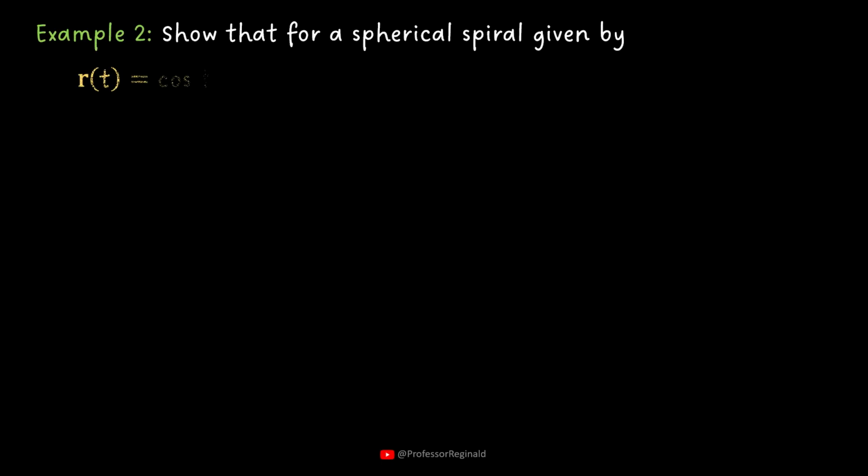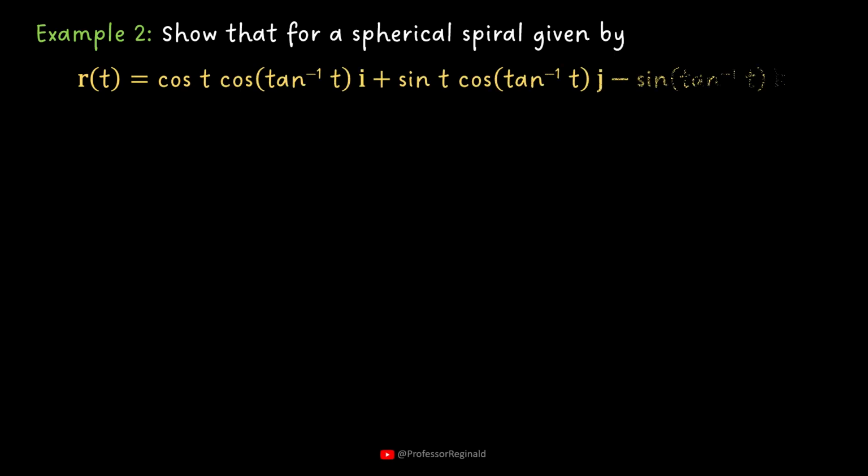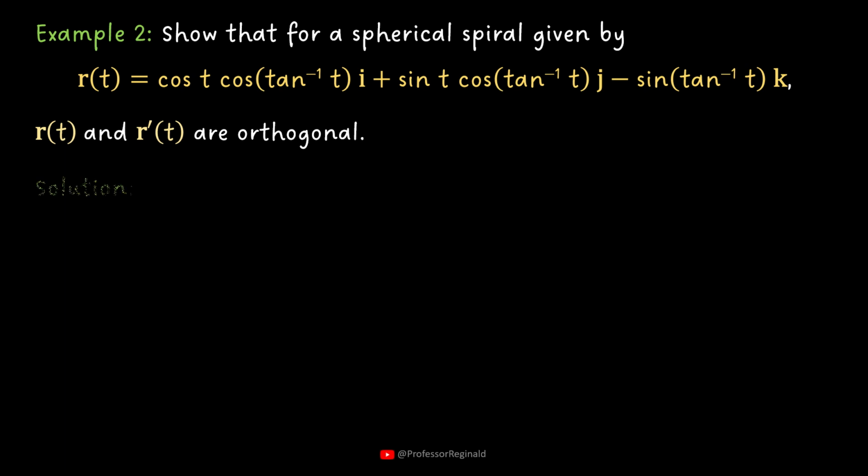Example 2. Show that for a spherical spiral given by the following vector-valued function, the vector-valued function and its derivative are orthogonal. Solution. Differentiate the vector-valued function.